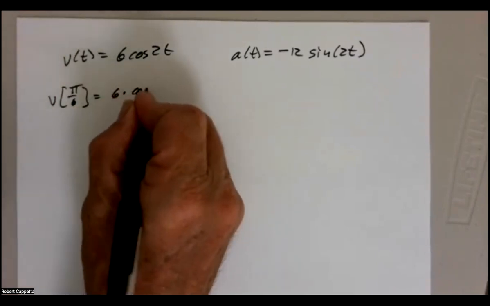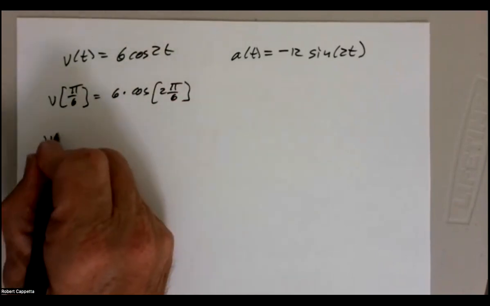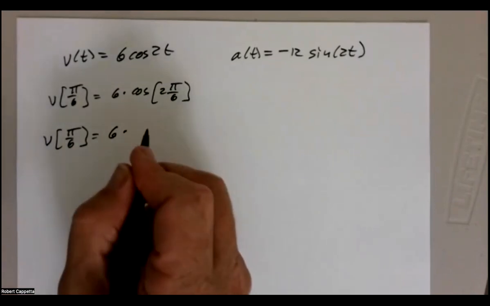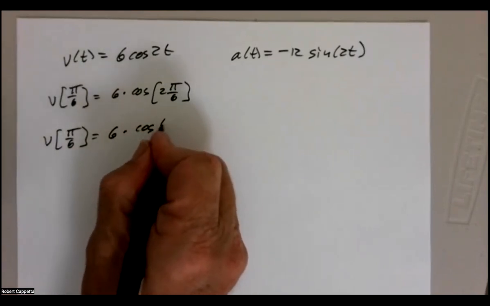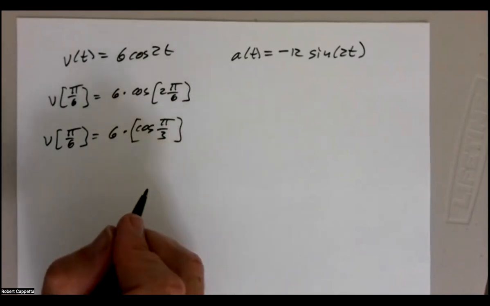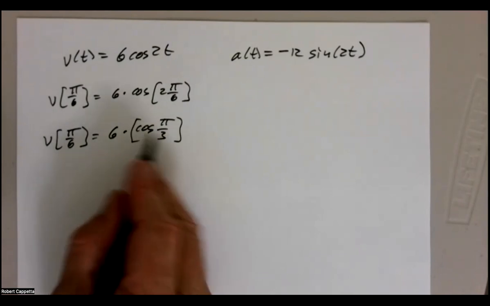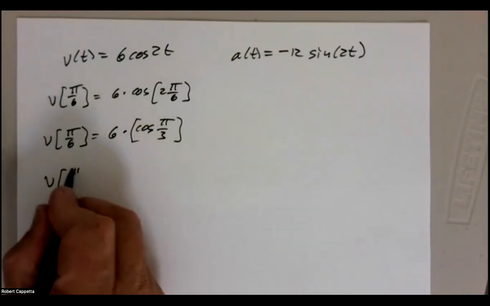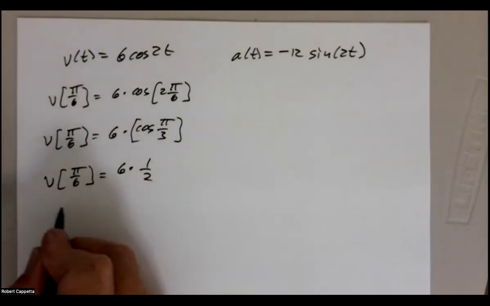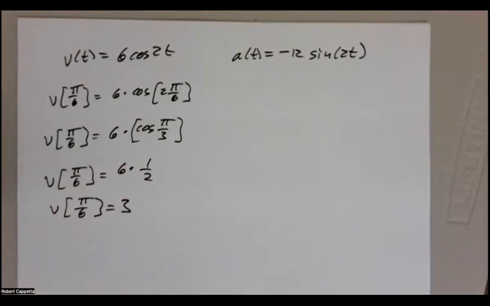It's 6 times the cosine of 2 times pi over 6, so 6 times the cosine of pi over 3. Hopefully you know your basic trig functions. Cosine of pi over 3 is the same as sine of pi over 6, which is 1/2. So the velocity at pi over 6 is 6 times 1/2, which is 3.